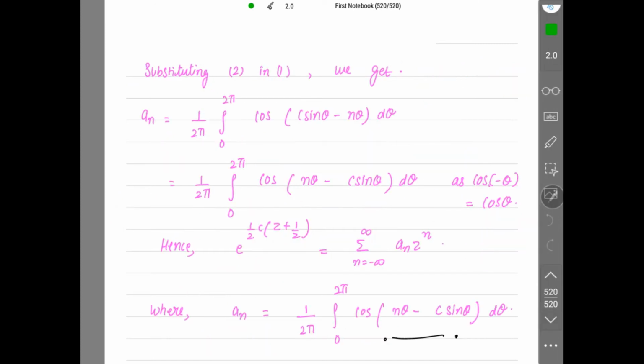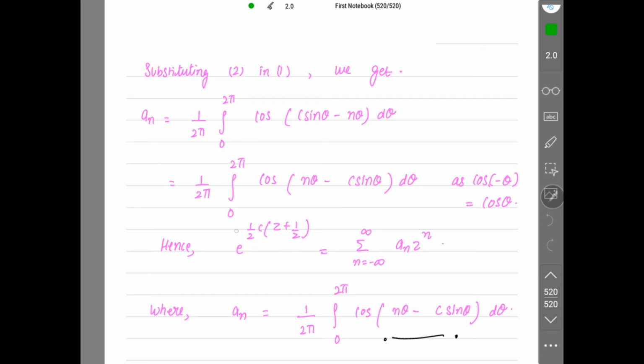So a n is equal to 1 over 2 pi integration 0 to 2 pi cos of (c sine theta minus n theta) d theta, which is equal to 1 over 2 pi integration 0 to 2 pi cos of (n theta minus c sine theta) d theta. Again, I took the minus sign common and wrote cos of minus theta to be equal to cos of theta, because I need n theta to be positive.